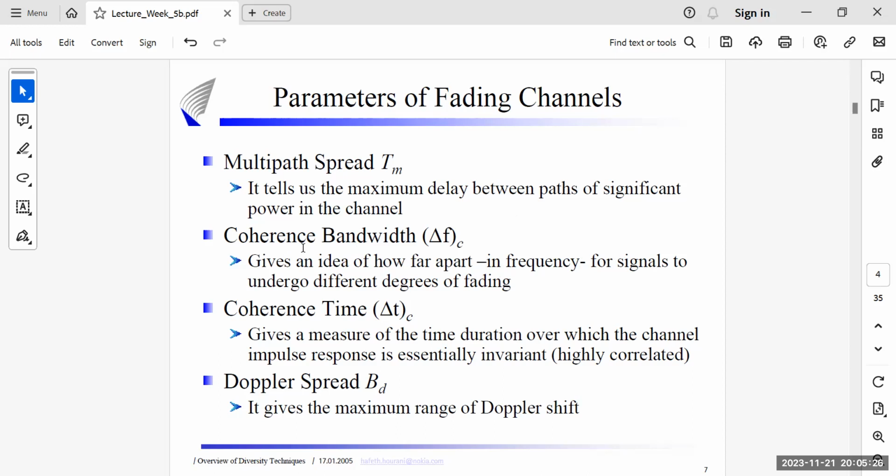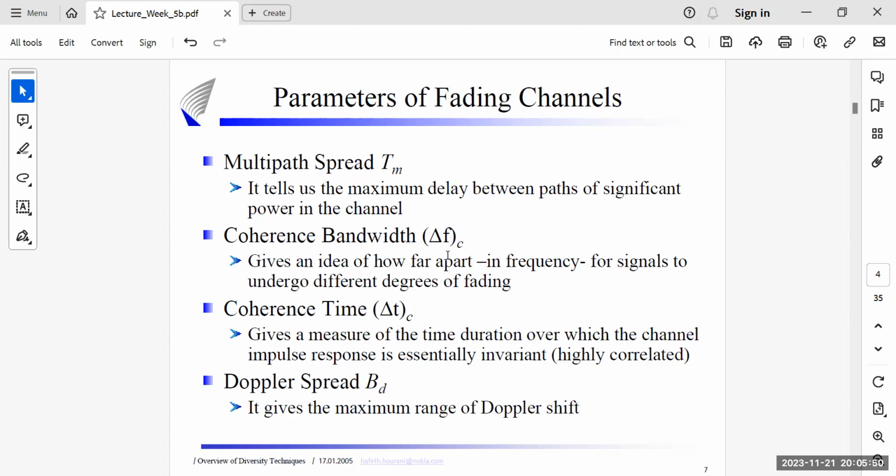So coherence means sort of same, right? So those frequencies, say from f1 to f3, for example, we get the same kind of fading. So we will say that |f1 minus f3|, that is basically the coherence bandwidth, because this is the frequency range at which you get a similar kind of fading.